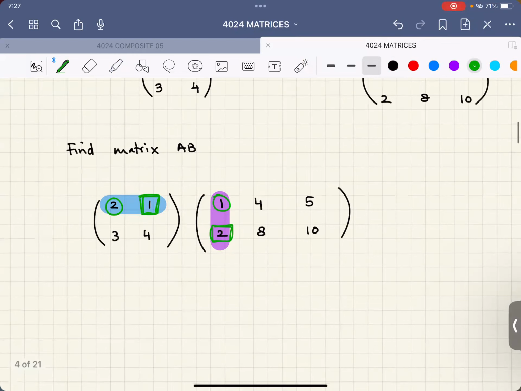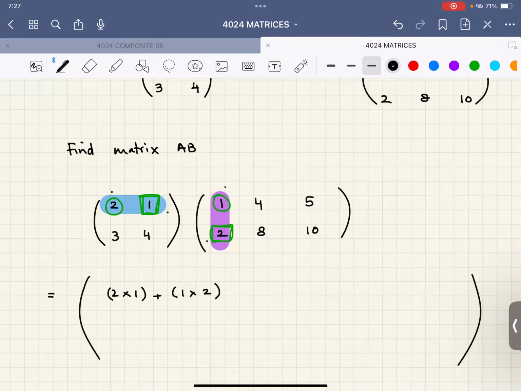So first of all, 2 into 1 plus 1 into 2. That is the start of the answer for this matrix. Let's keep the row constant, and now keep on changing the column. So let me write 4 and 8. I'm moving to the second column.